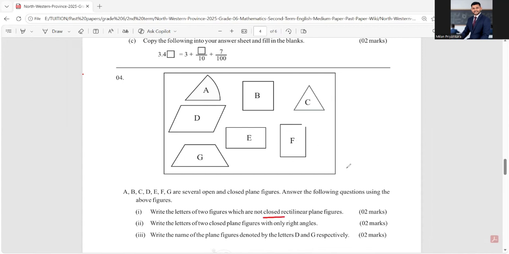There are two figures. You see now, one is F and the other one is A. This is not a closed figure and this is not a rectilinear figure, right? Because this one has a curved line. Therefore, you can write A and F for this answer.